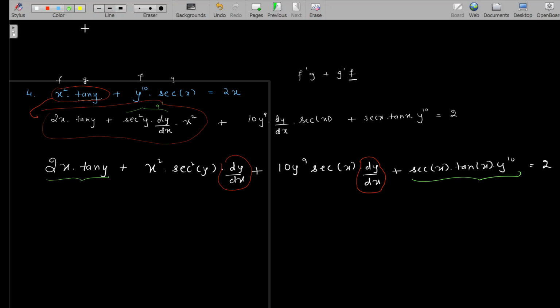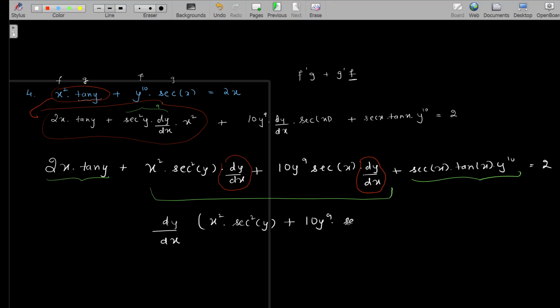Yes, Anika, so you try to factor out dy over dx from these two terms. So then it becomes dy over dx times parentheses, x squared times secant squared y plus 10y to the power of 9 times secant x.